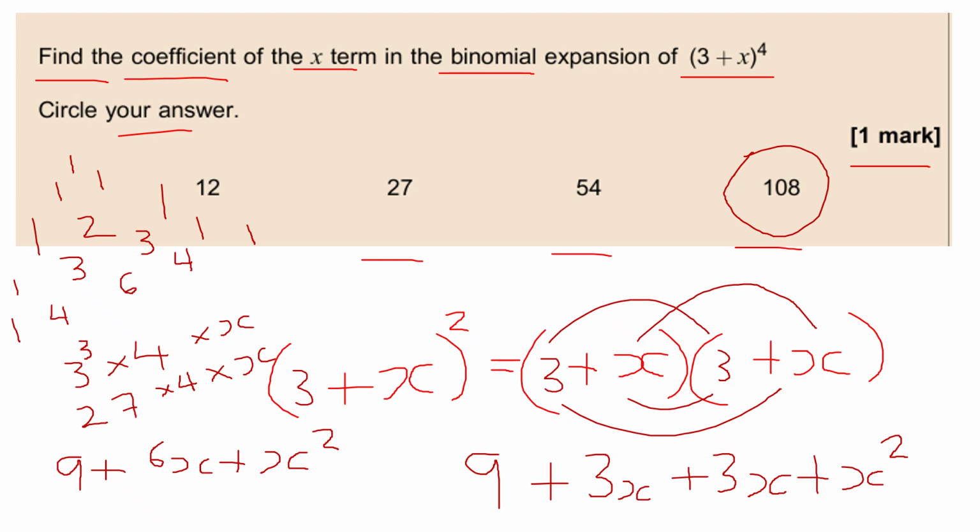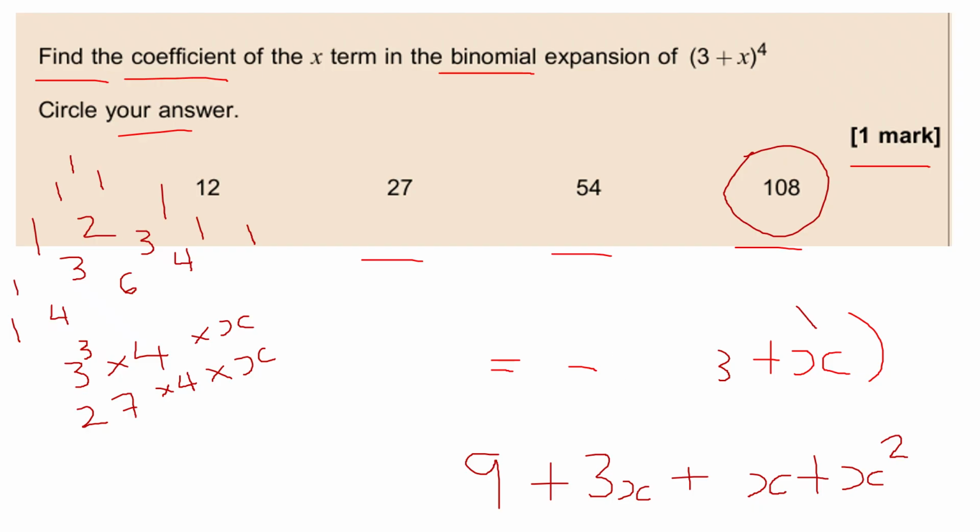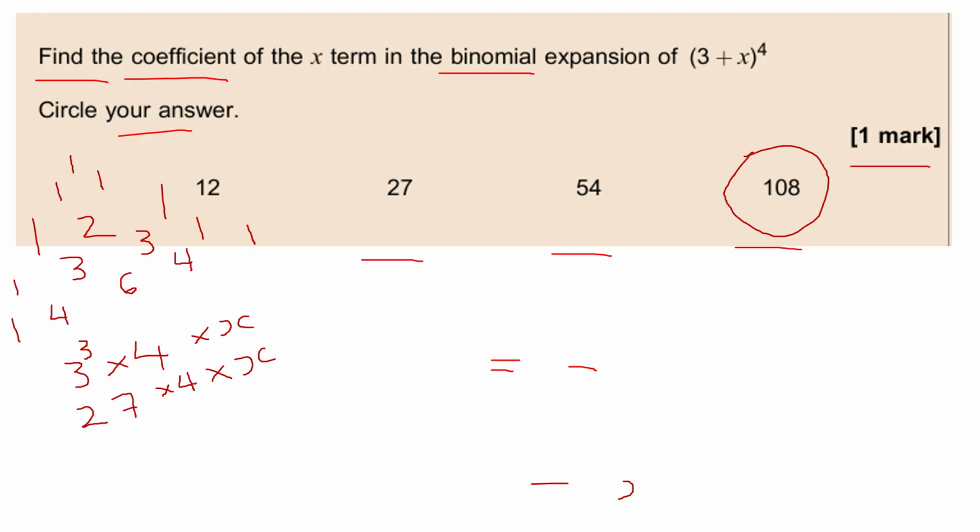I would have had to square this, or whichever one we were at, and then times it by 3. Unfortunately, this method doesn't always work. Apologies for that, because I thought it actually would. It's because we are forgetting to multiply by the Pascal's triangle constant, if that makes sense.